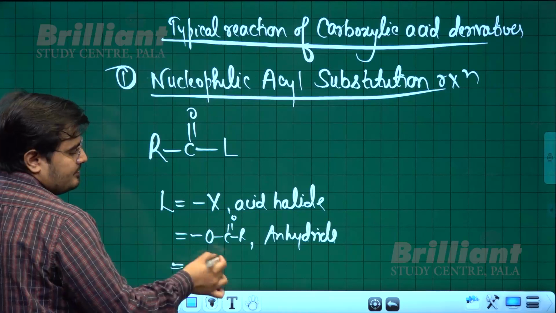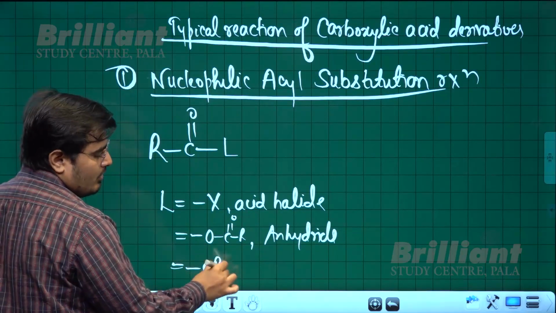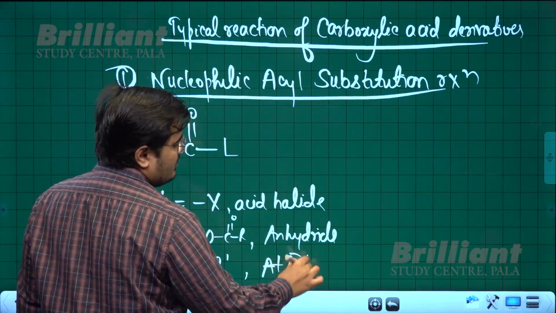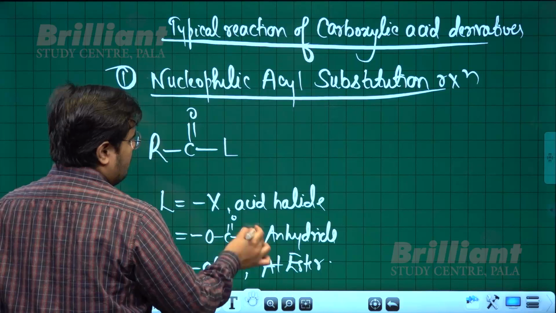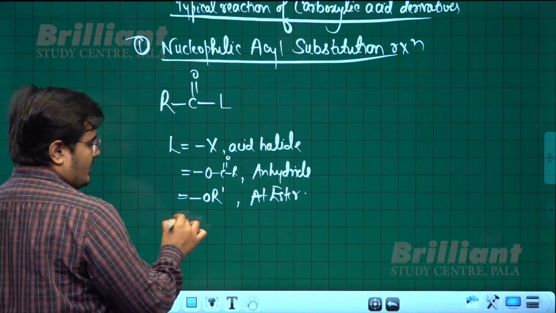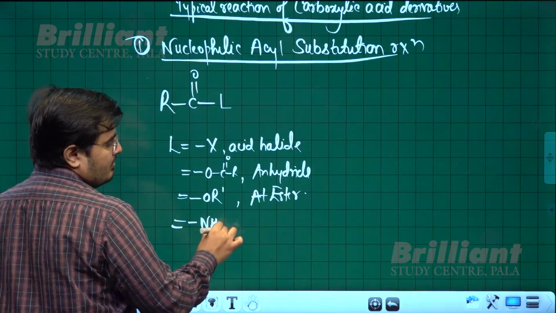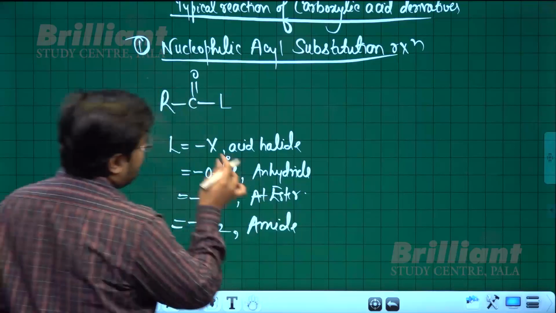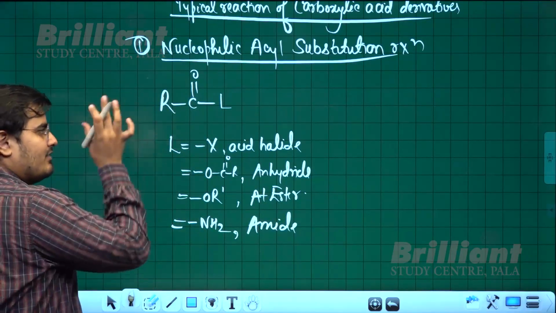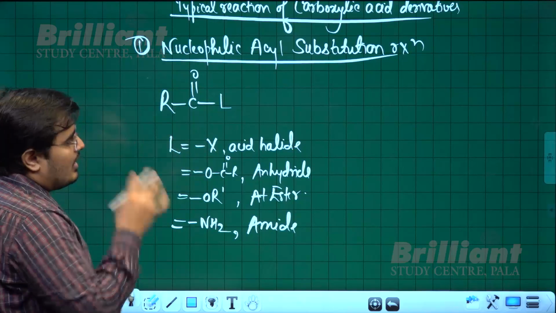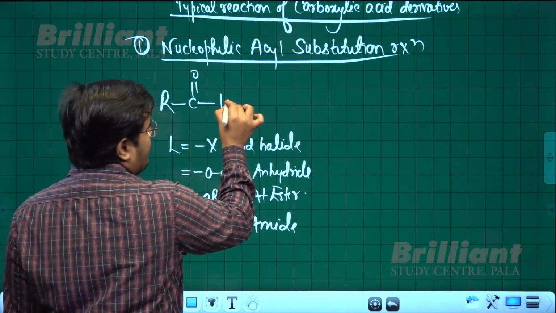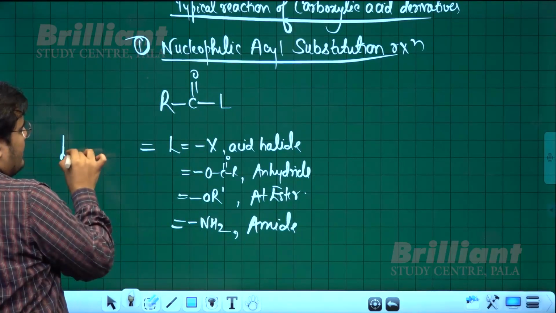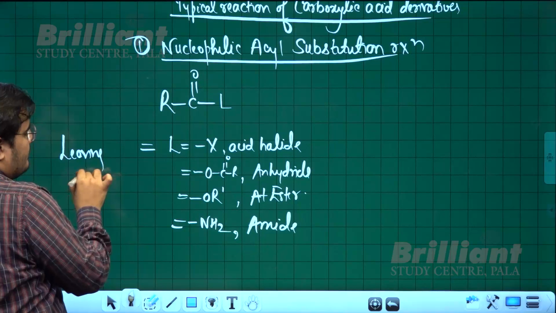If this L is an OR group, or let's say OR dash, then this will be ester. And when L is an NH2 group, it will be amide. So let's say I have a carboxylic acid derivative which I am representing as RCOL, where L happens to be the leaving group.